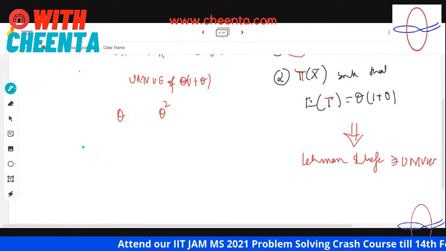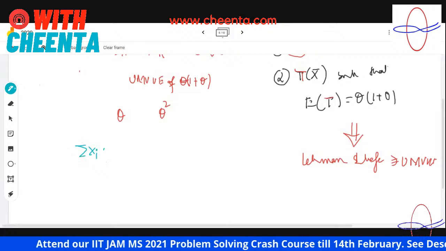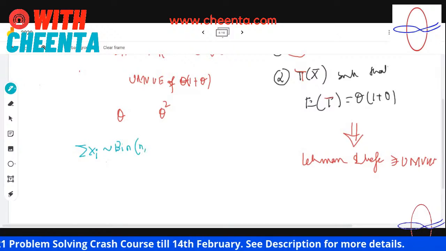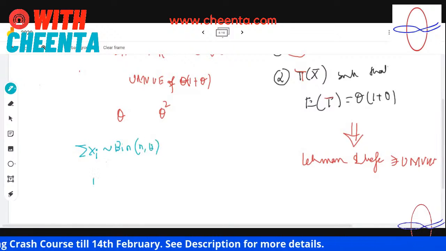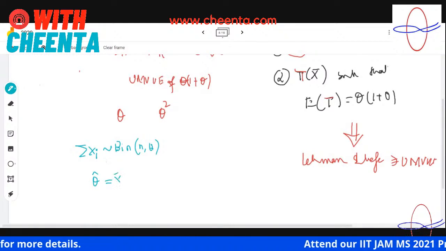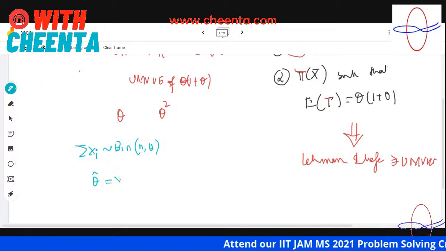The summation of xi follows binomial(n, theta). So theta hat comes out to be X bar. The expectation of X bar is theta, we get it.